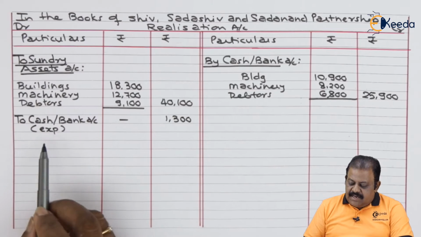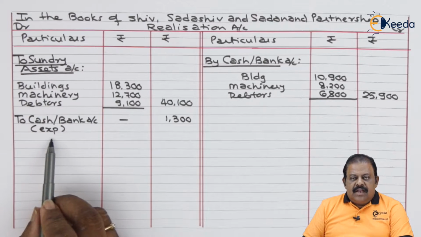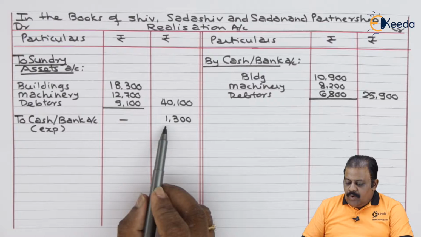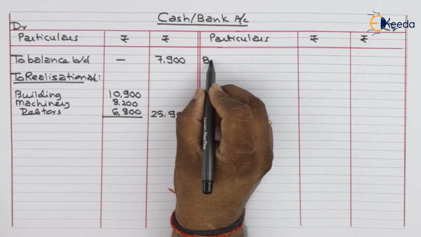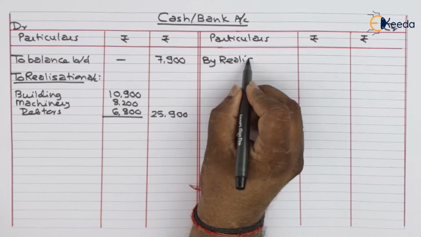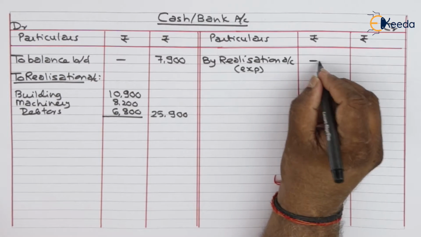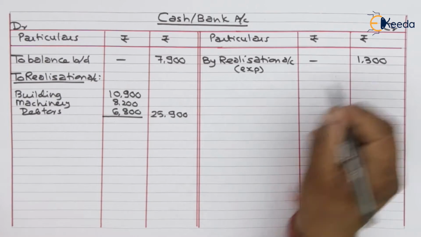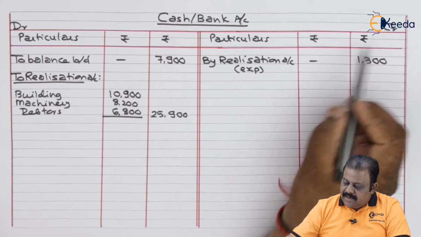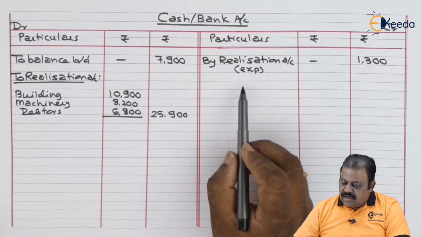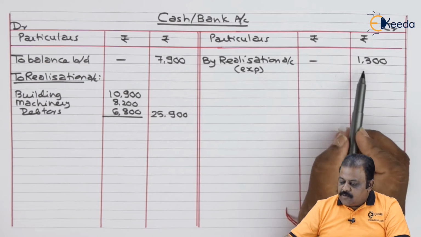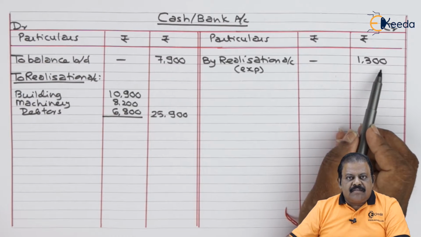Realization account debit side, to cash bank, realization expenses paid 1,300. Cash bank account credit, by realization account for expenses paid 1,300.